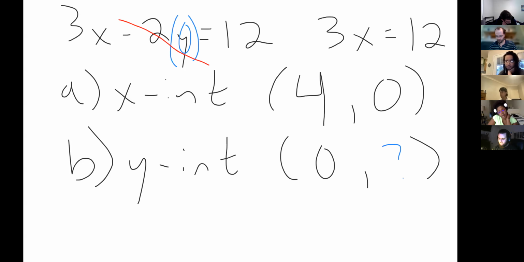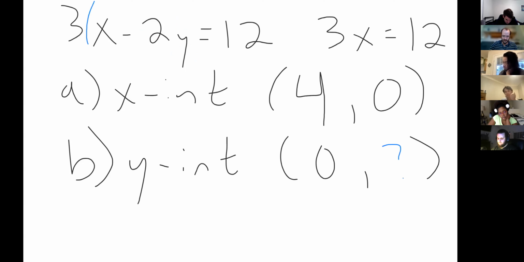And then I did the same thing for the 2Y. So I put a 0 for the X because I'm looking for my Y, right? So you're plugging in X, 0 to this thing. And when you plug in 0, that's one of those numbers we choose to plug in a lot of times.